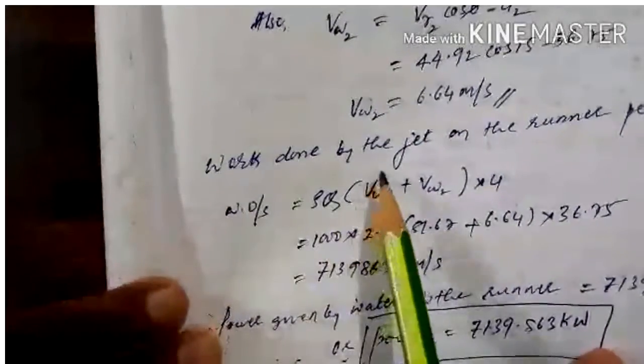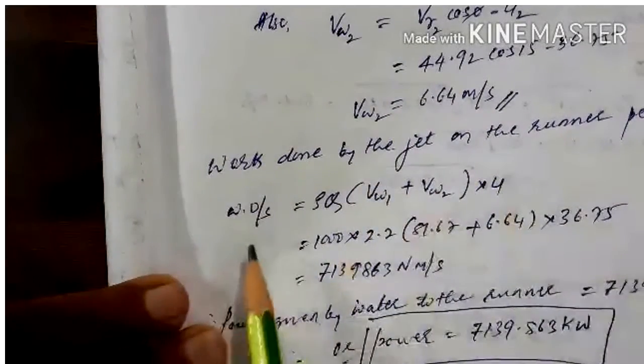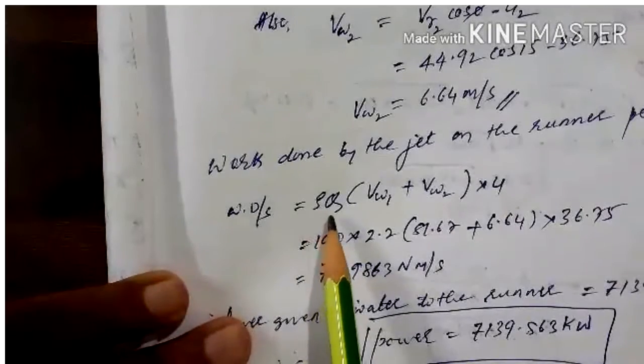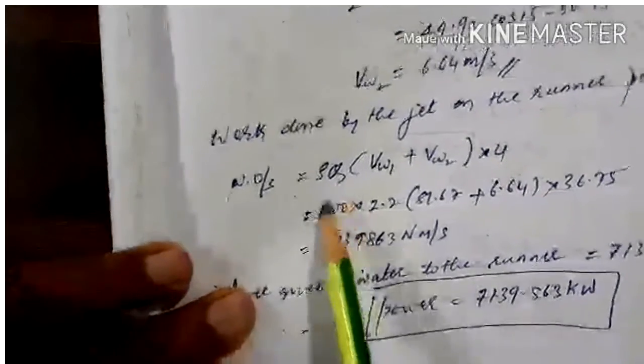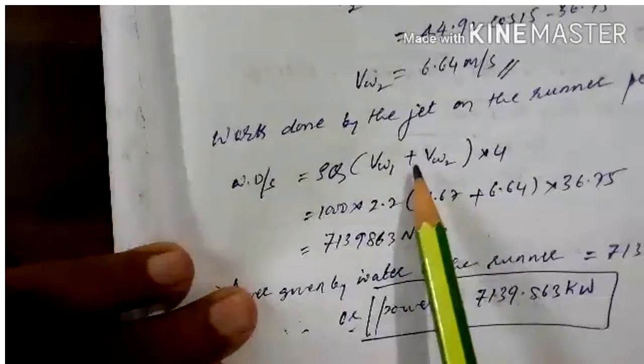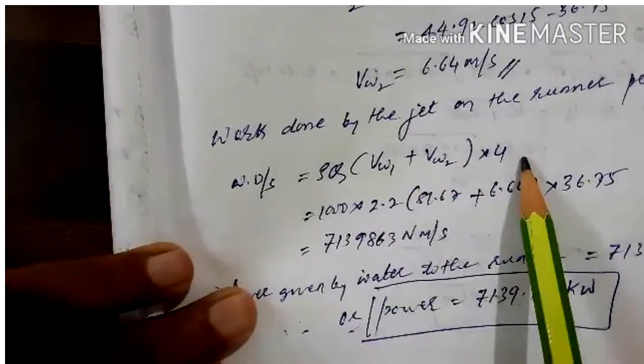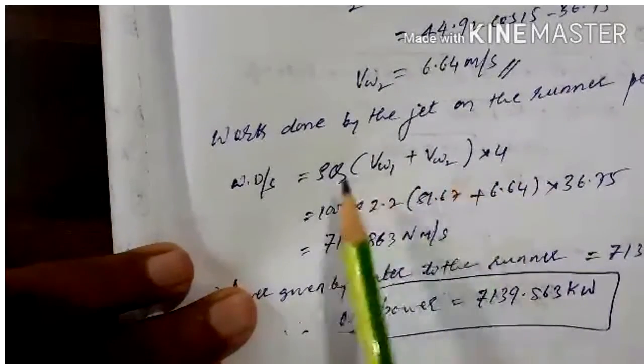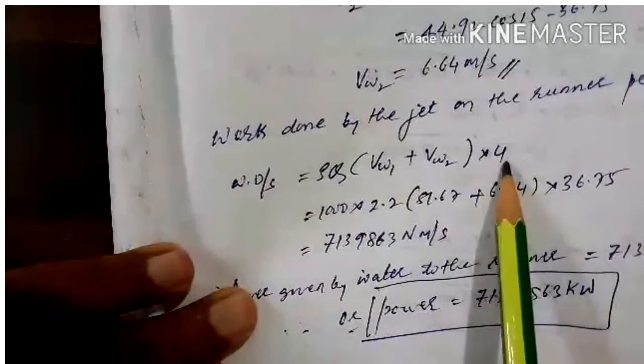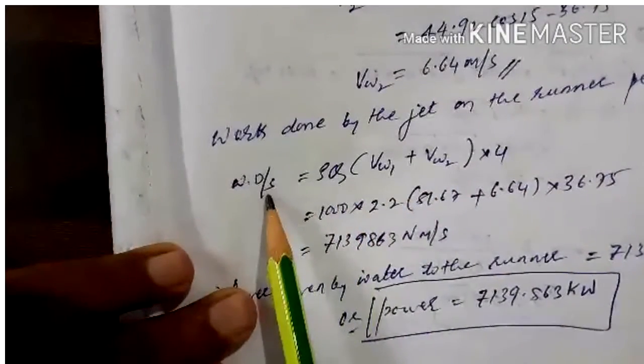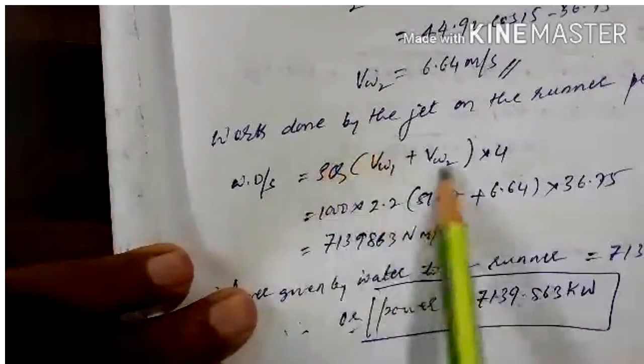Then the work done by the jet on the runner per second. The work done per second will be what? This formula we know: rho Q into bracket VW1 plus VW2 into U. This is the force exerted by the jet, force into velocity of the bucket gives you work done per second. You have to remember this formula.